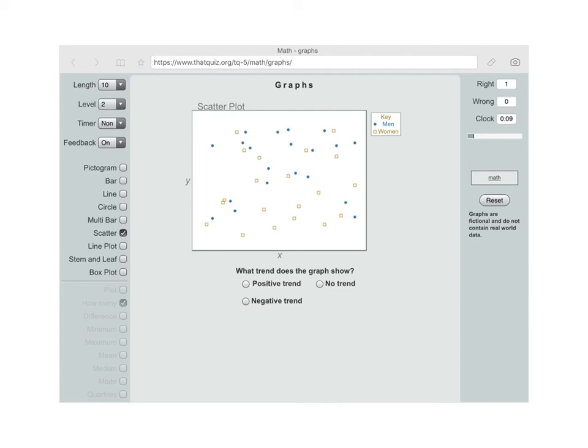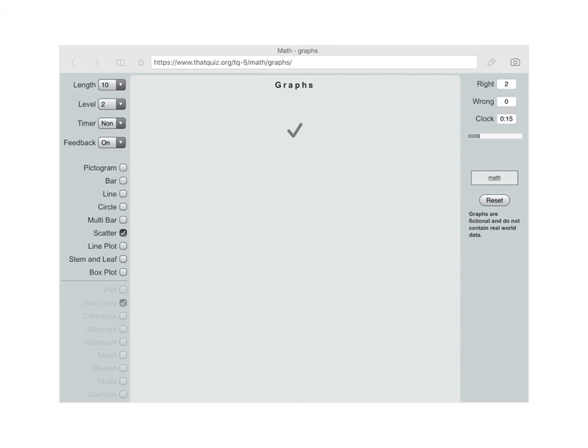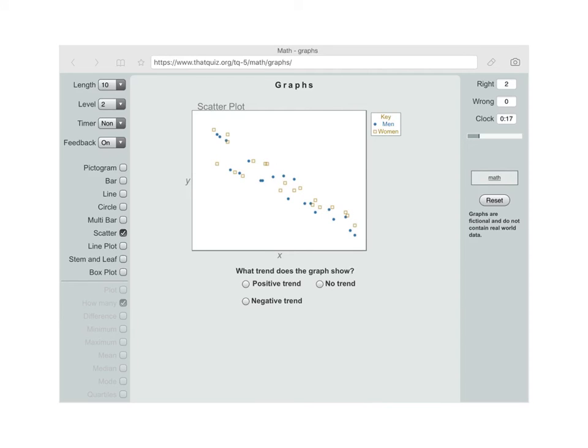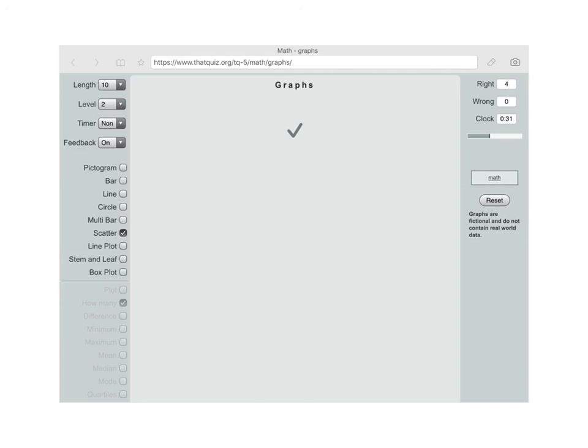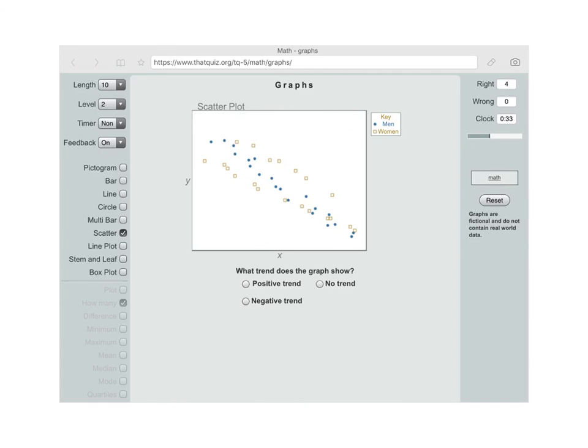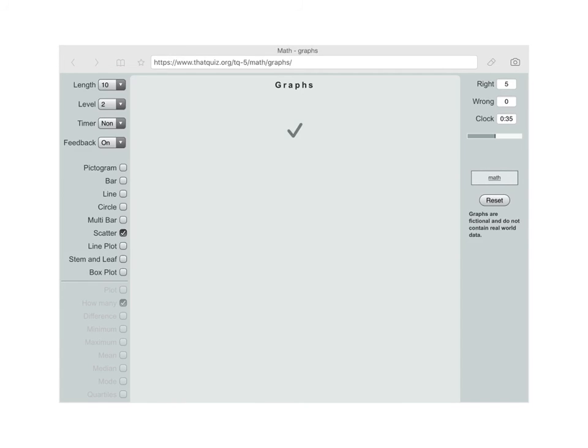So this would be no trend at all or no correlation because it doesn't increase or decrease. And this would be, looks like they're going down or decreasing. Decreasing is negative. I'll do a few more. Also, that looks like it's all decreasing, so that would be negative. And still decreasing again, negative.